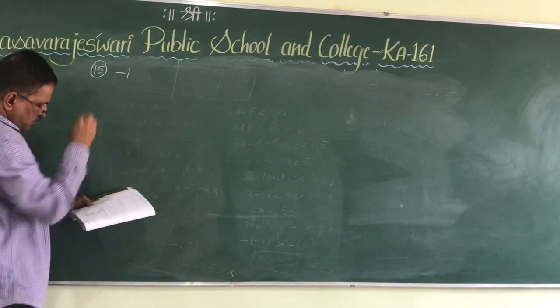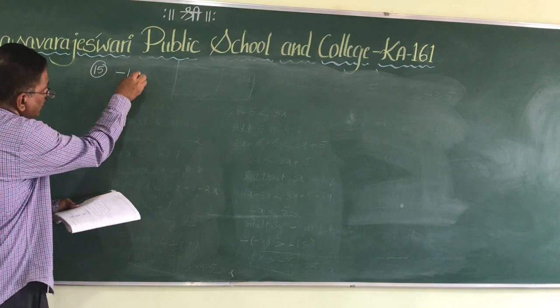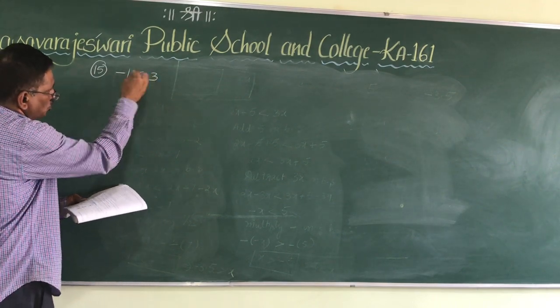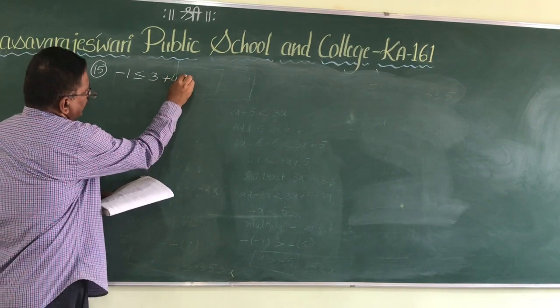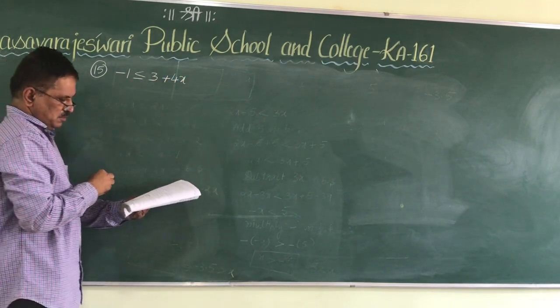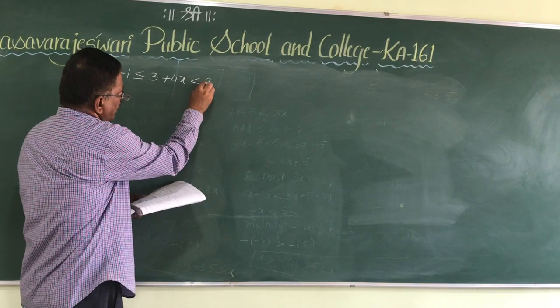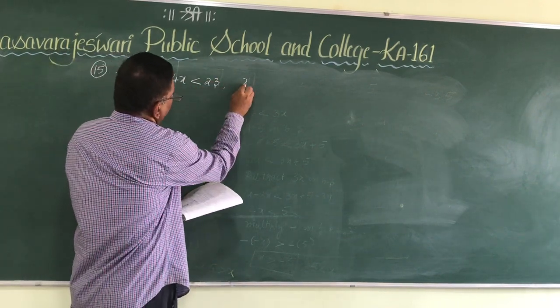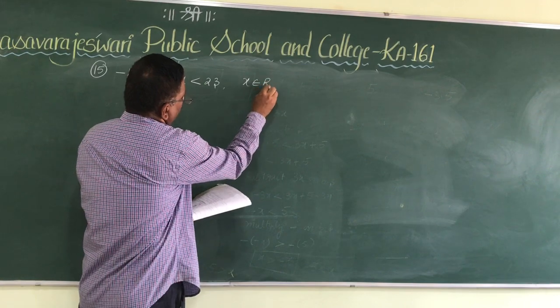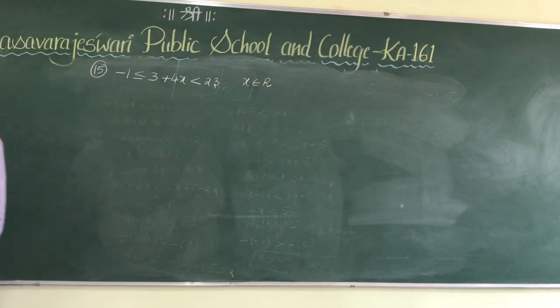Minus 1 is less than or equal to 3 plus 4x is less than 23, where x belongs to R. Remember, it is a real number.